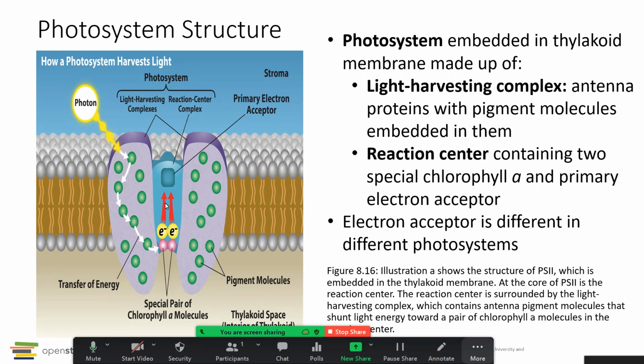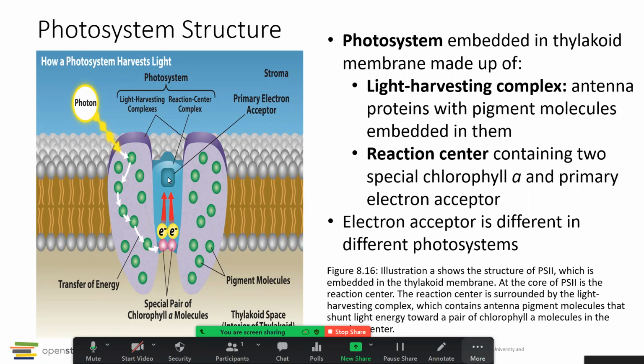And then between those, in the middle of those, there's what we call a reaction center complex. And it has two special chlorophyll A molecules that are going to actually be reduced in the reactions that we're going to get to in a moment.